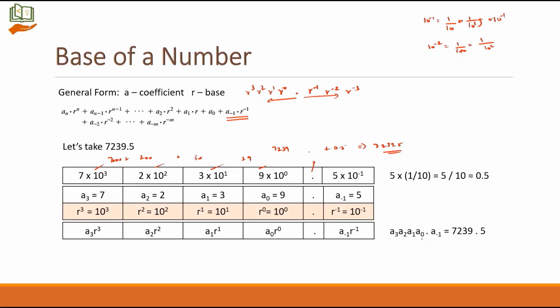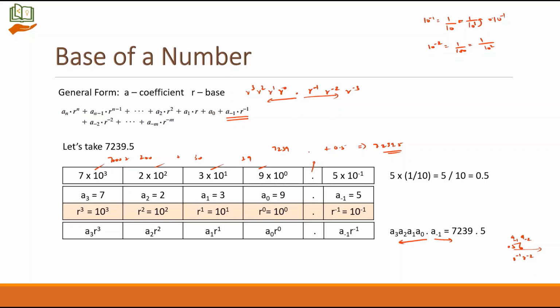We start from right to left before the decimal point, and after the decimal point we move from left to right. So when you have another digit, say for example 0.56, this will be A minus 1 and this will be A minus 2, and so this will be r power minus 1 and this will be r power minus 2. It goes on this way, so you should remember that.